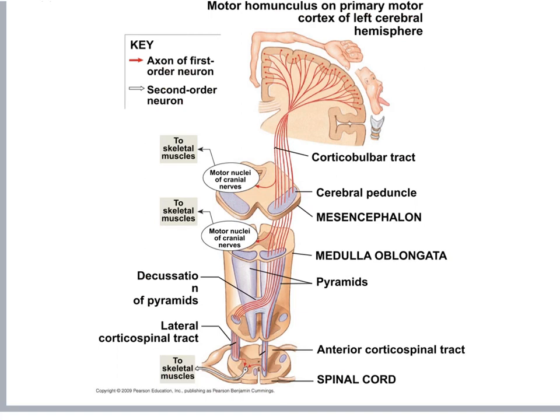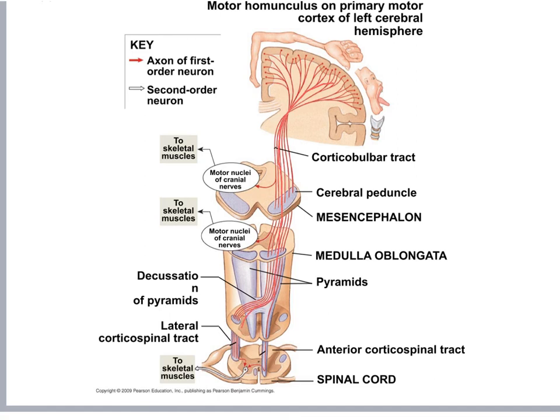So this here is the picture that you're going to see on the lab exam. It's easy to tell right away that we're going from the primary motor cortex down, so we know it's descending, so it is a motor pathway. And this is the only motor pathway that you have to identify, right? With this motor pathway, you can see it's starting at the primary motor cortex, and those neurons are descending down.